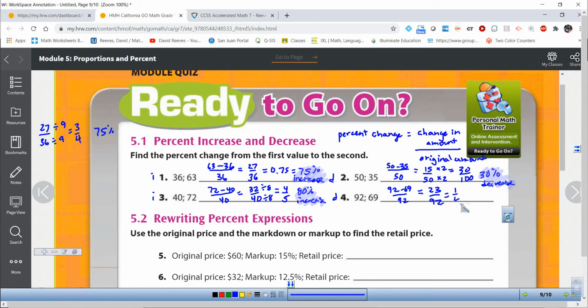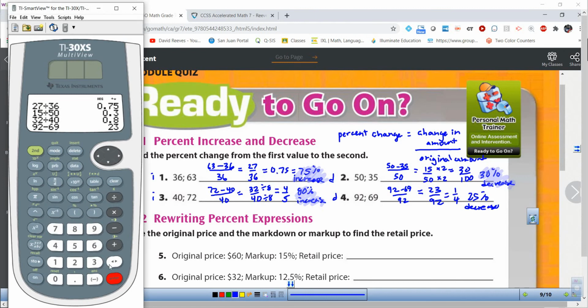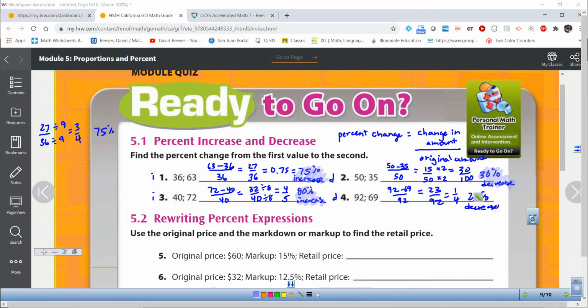I think this is going to simplify to 1/4, which is going to be 0.25 or 25% of a decrease. But I might be mistaken, so let me go to my calculator and actually check. 23 was my change, and if I divide that by 92, well, look at that. I get 0.25 or 25%, okay?